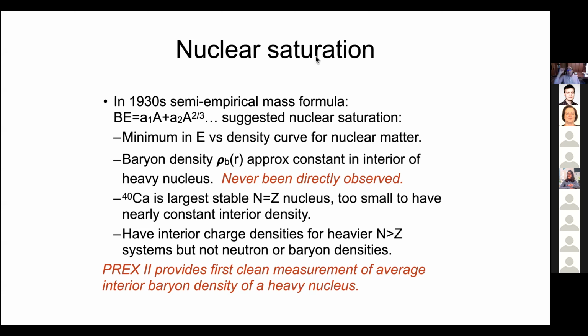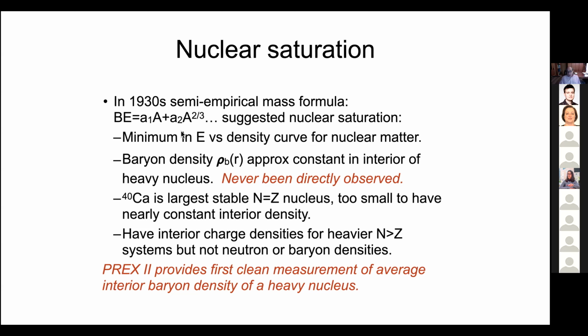So nuclear saturation is a fundamental concept for nuclear physics. This was already suggested in the 1930s with the semi-empirical mass formula. Nuclear saturation typically means there's a minimum in the energy versus density curve for infinite nuclear matter.